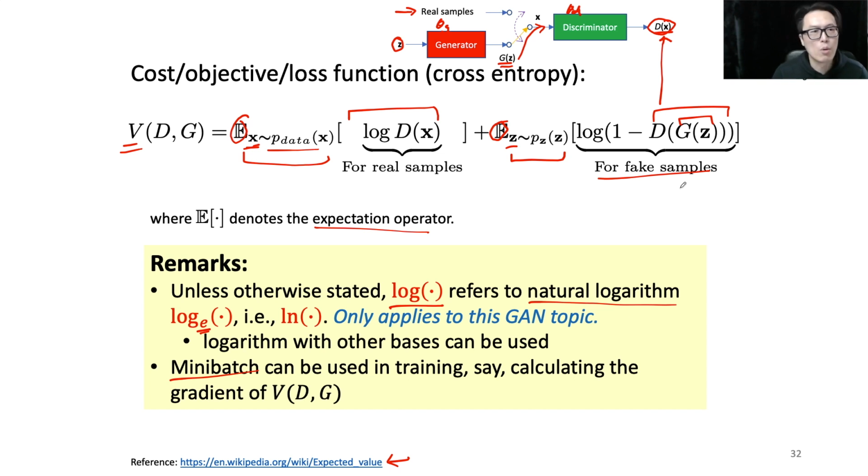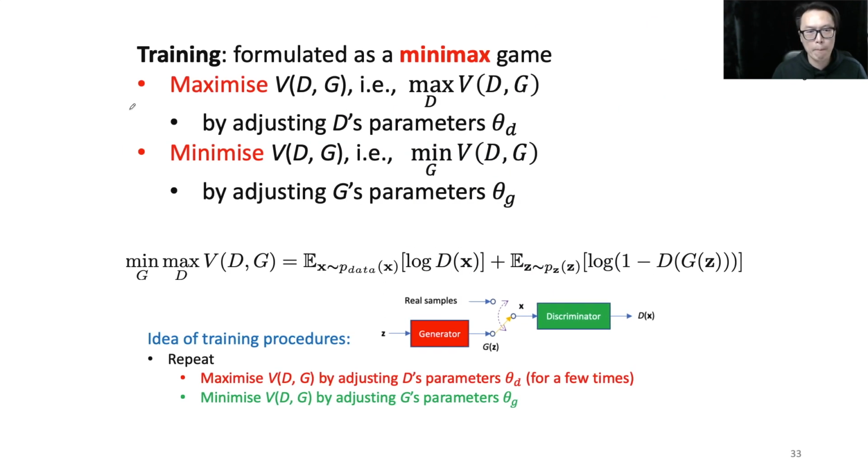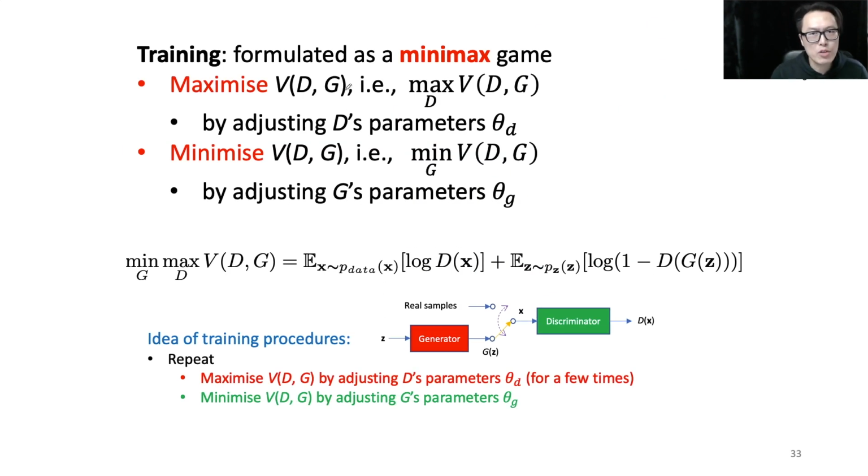Now, once we have this cost function defined, we are going to make sense of it to understand why we set up the cost function like this. When we do the training, we call this a minimax game, because we are not simply maximizing or minimizing this function.